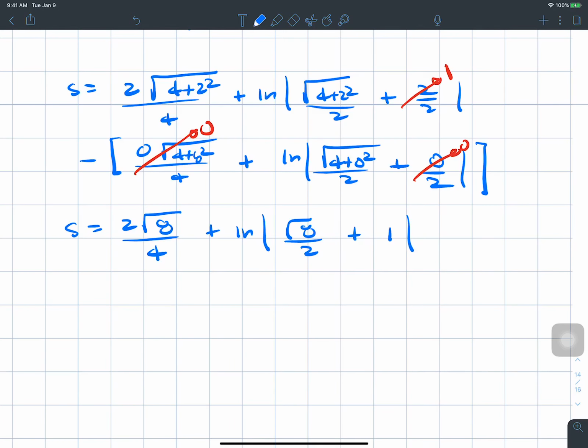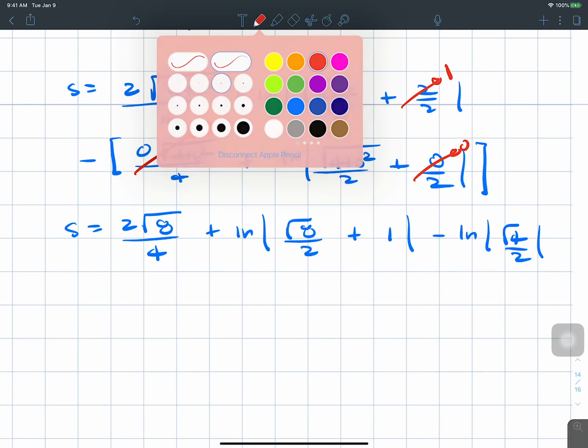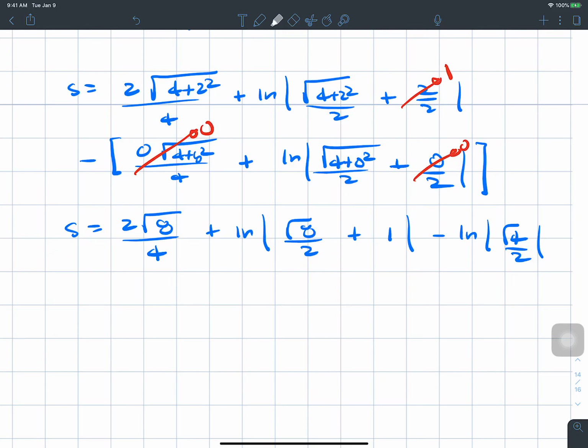And then we have minus natural log, absolute value, square root of 4 over 2 plus 0. Because we're focusing on this, that's 2 over 2, which is 1. So this portion here, so you guys know, is 0. That's gone.